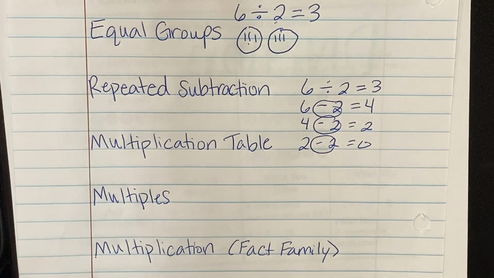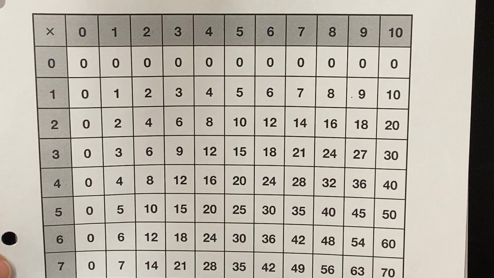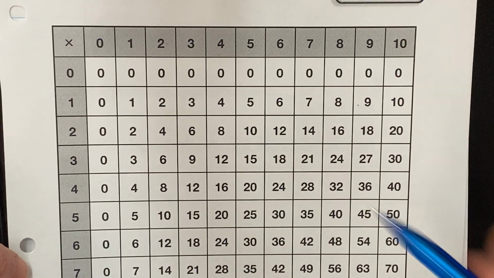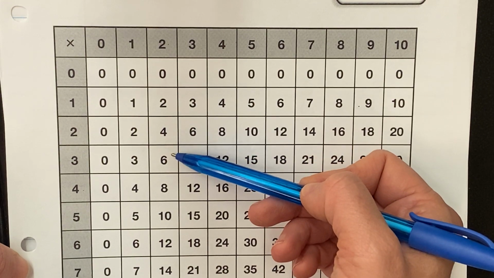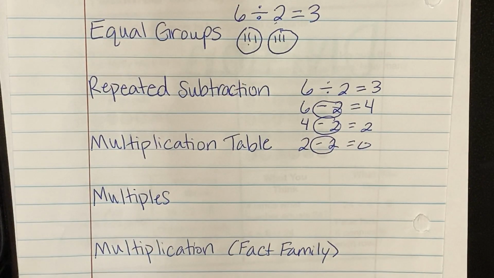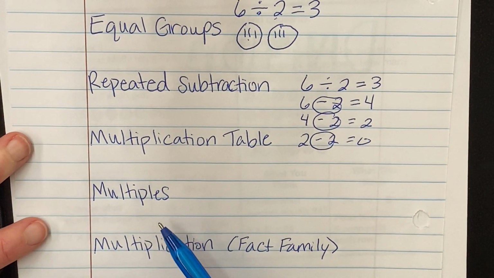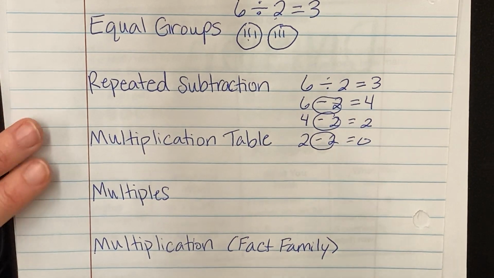Okay, the multiplication table, that's when we would use this. And to find the answer, you would go to the divisor, go down to the dividend, and over, and that would give you your quotient, 3. Multiples. Remember that multiples are the numbers that you count by when you're counting by a specific number.